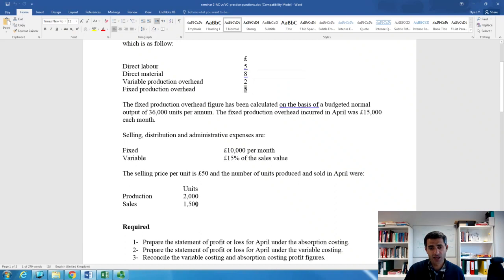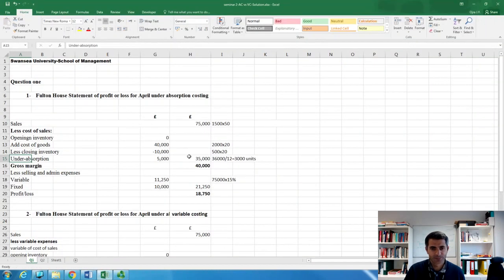So 1,000 multiplied by 5, that's 5,000. So under absorbed, you add it on the cost of production as I mentioned, because we need to add it based on the fixed cost element.